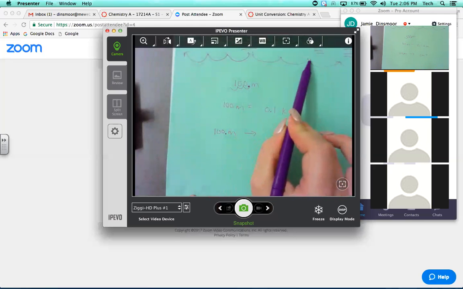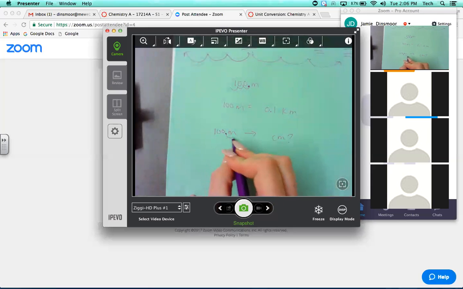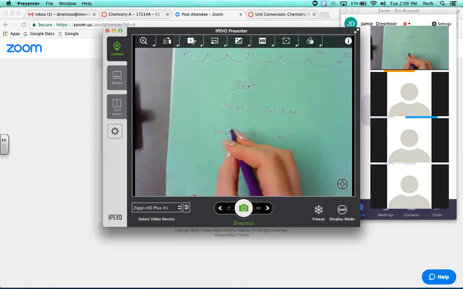So I'm going to move my decimal 2 times to the right, and I'm going to add zeros in there. And I get that there are 10,000 centimeters in 100 meters. And this should kind of make sense logically to us because centimeters are tiny, right? So there's going to be a lot of them in 1 meter, or in 100 meters, there's going to be 10,000 of them.